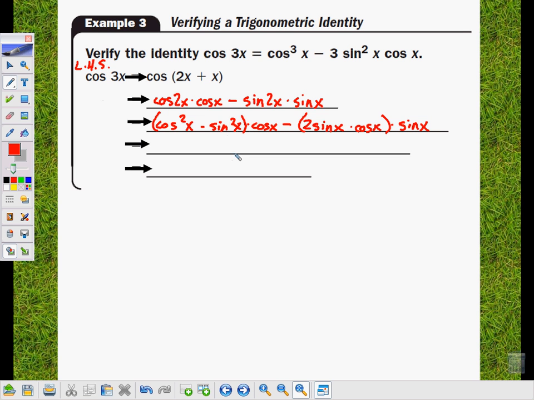All right, let's try a little bit of algebra here. Cosine x multiplied inside here gives me cosine cubed x. Now that's looking promising. Minus, let's see, sine squared x times cosine x. Just distributing it in there. And then distributing this, I get minus 2 sine squared x times cosine x. How does that look?